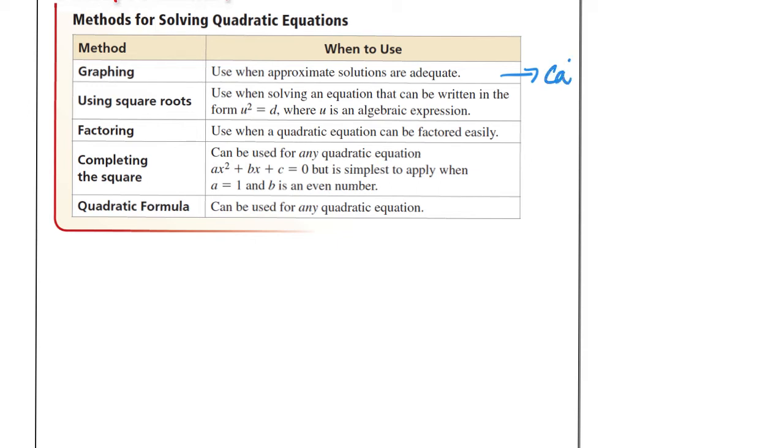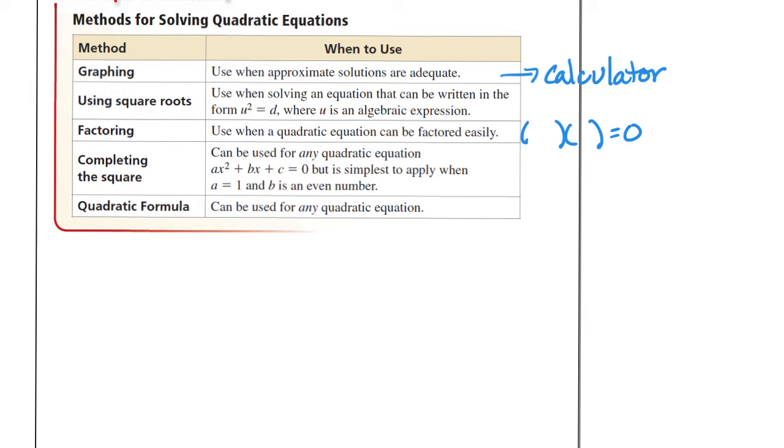Using square roots was when you took the square root of both sides. Factoring, remember, was when you did this. Completing the square is when you needed to figure out what number was added to both sides. And then the quadratic formula, which we've been studying so far since returning from break.